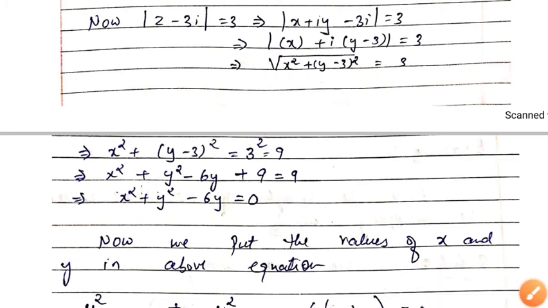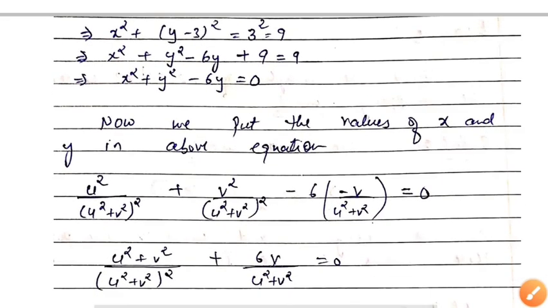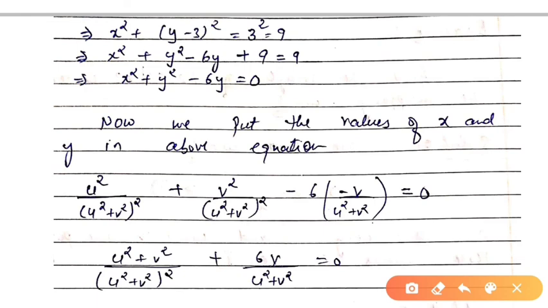Now again I will simplify this step. The x square will be as it is. Here I will use the formula a minus b whole square equal to a square plus b square minus 2ab.